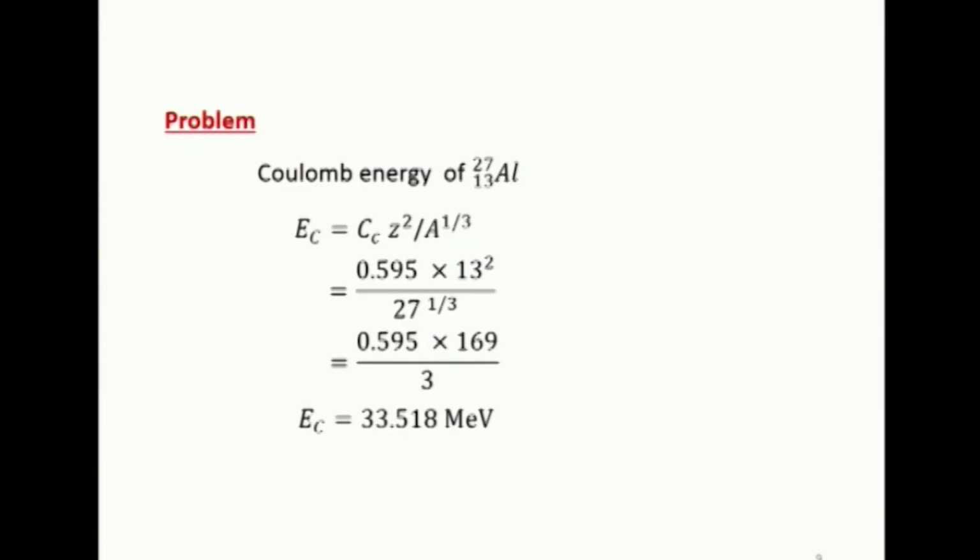A big nucleus will have large Z, therefore large Coulomb repulsion, therefore it becomes unstable and undergoes fission. That is why plutonium and uranium undergo fission, but calcium or oxygen will not. Only heavy nuclei undergo fission, because the Coulomb energy plays a role.